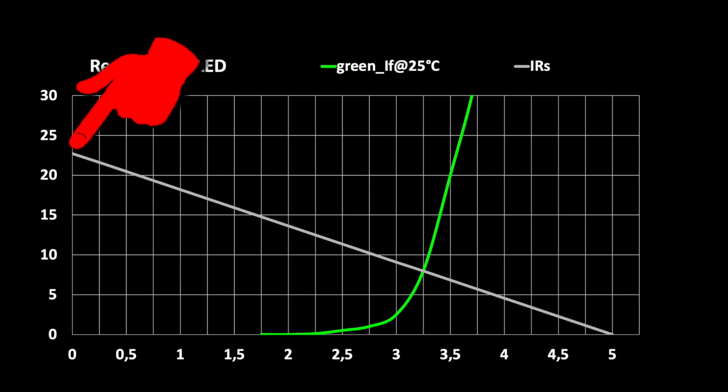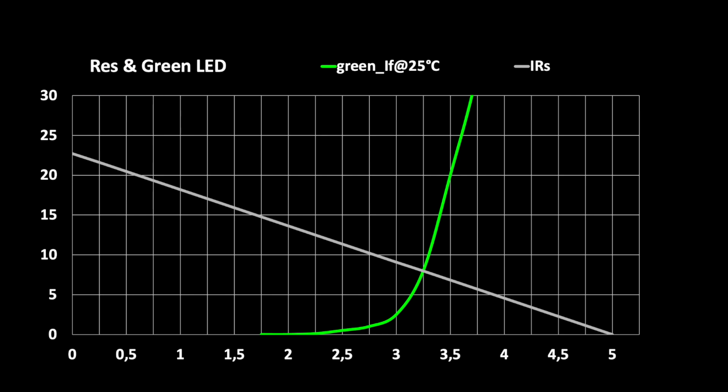Here's the maximum current, calculated by the supply voltage divided by the resistance. In our case, 5 volts divided by 220 ohms. The other point equals the supply voltage. The intersection of the two curves is the operating point for our LED. Why?